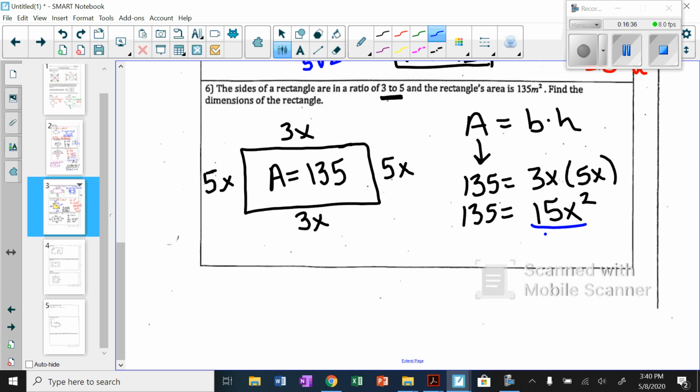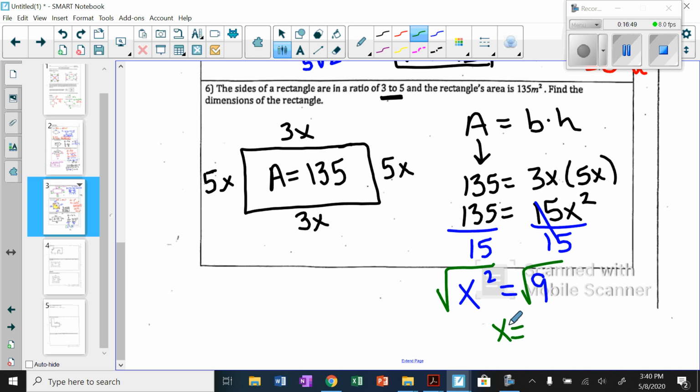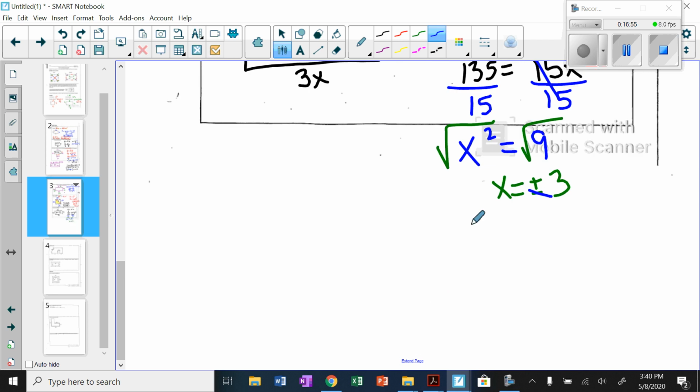Let's divide by 15 on both sides. We're going to get x squared is equal to 9. To undo a square, we take the square root. So x will equal plus or minus 3, positive or negative 3, but we're going to cancel out that negative because we can't have a negative side length. So x is equal to 3.